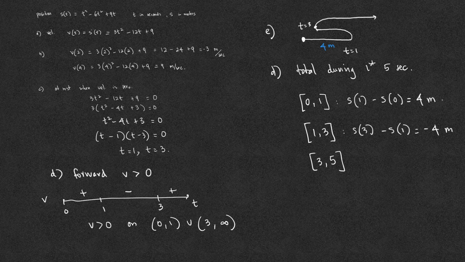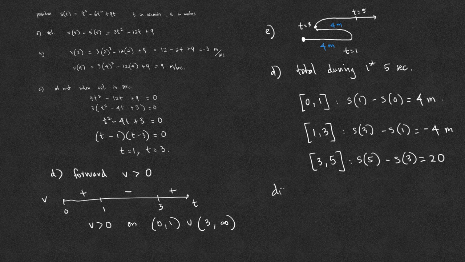From 1 to 3, the displacement is negative 4. Therefore, the distance traveled is 4 meters. And then lastly, from t equals 3 to t equals 5, we know that the particle is moving forward. We take s of 5 minus s of 3, plug 5 into the original function and 3 as well, we get 20.